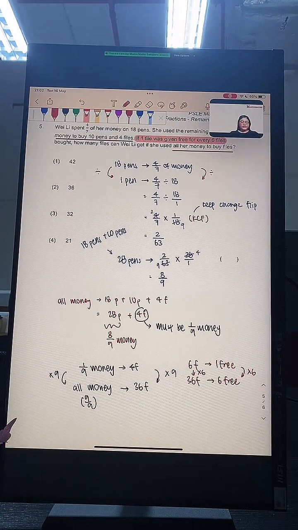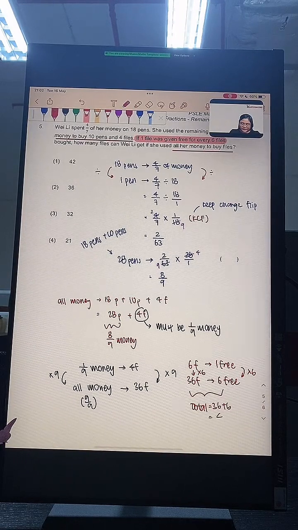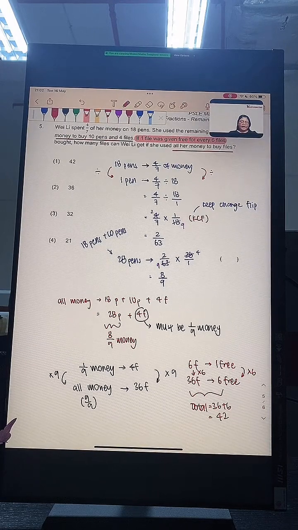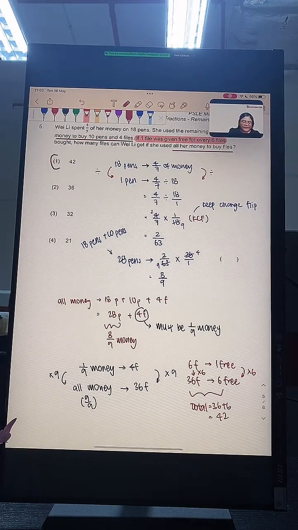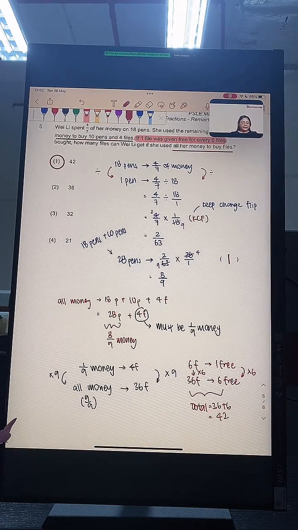So in total, I will have 36 plus 6 to give me 42 files. So she can buy 42 files with all of her money, which is option number 1.